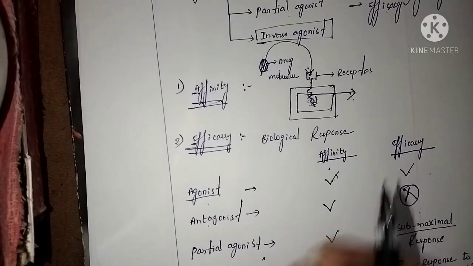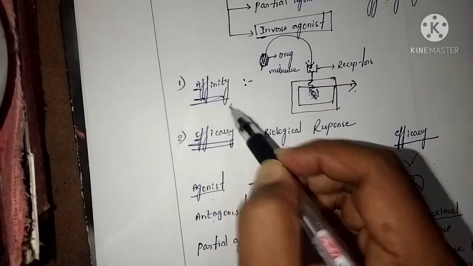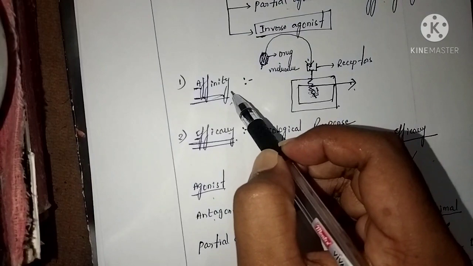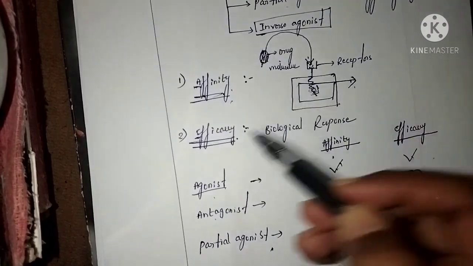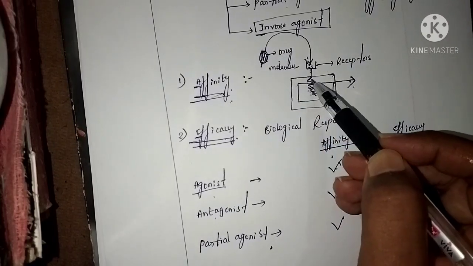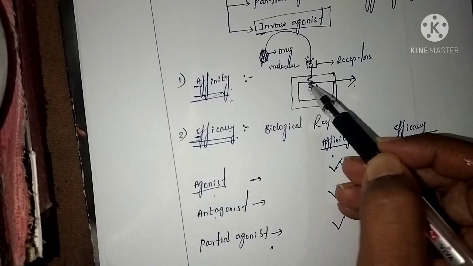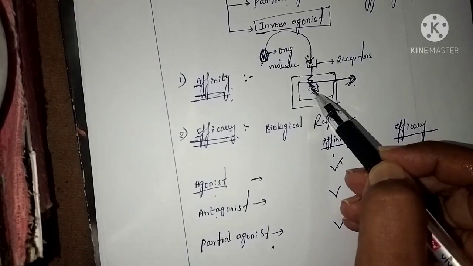Okay, so now we are clear about both affinity and efficacy. Affinity is nothing but the tendency of drug molecule to bind to the receptor. Efficacy is the ability of the drug molecule, after binding to the receptor, to produce biological response within the cell.